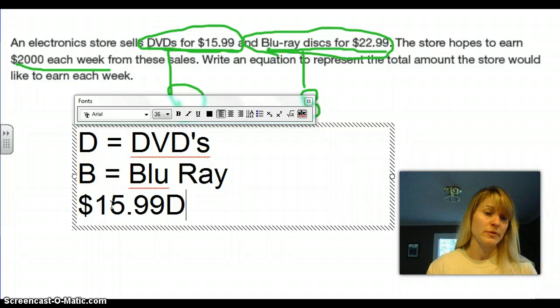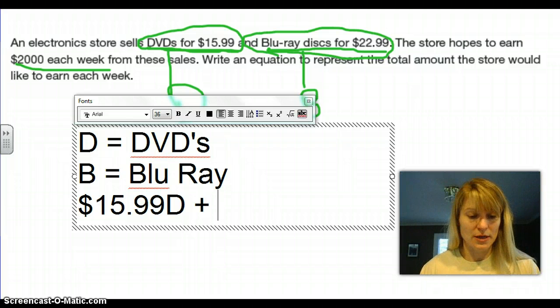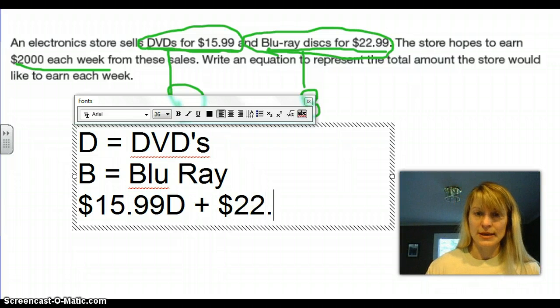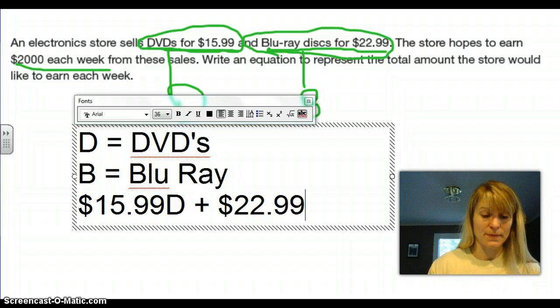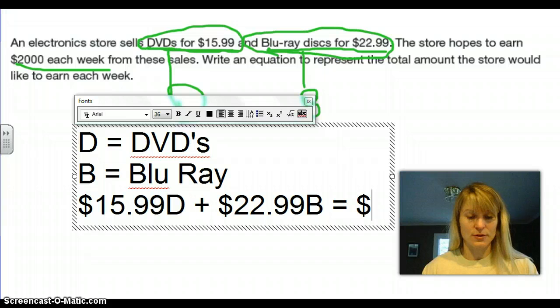So if we sold 2, it'd be $15.99 times 2. If we sold 3, and so on. Then we have to add that to our Blu-ray costs, and we said it's $22.99 for a Blu-ray. Those are expensive. So it's $22.99 times the number of Blu-rays we have, and we want that to equal a total of $2,000 for the week.